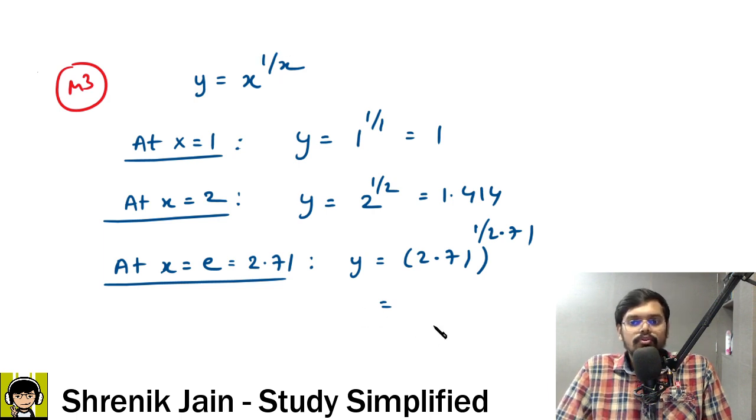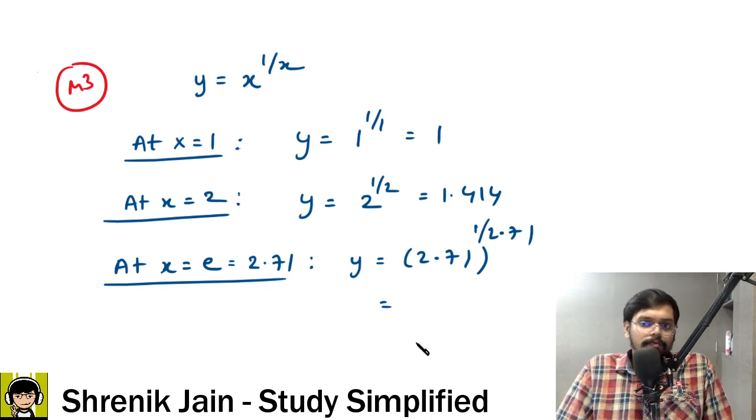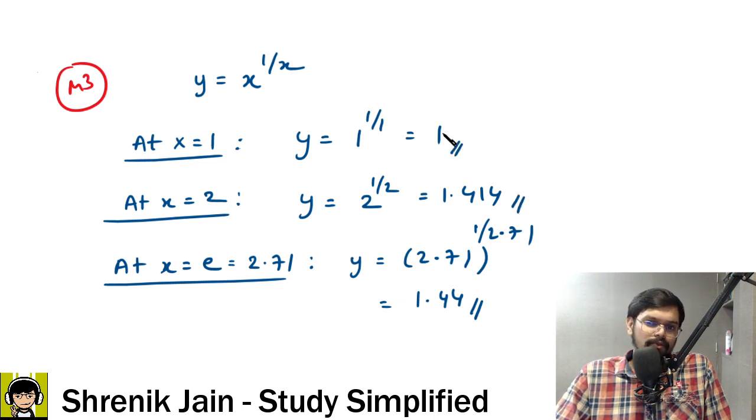So guys, tell me, 2.71 to the whole power 1 by 2.71, what is the answer? The answer is 1.446. Let me say 1.44. Don't you feel that my value keeps on increasing?